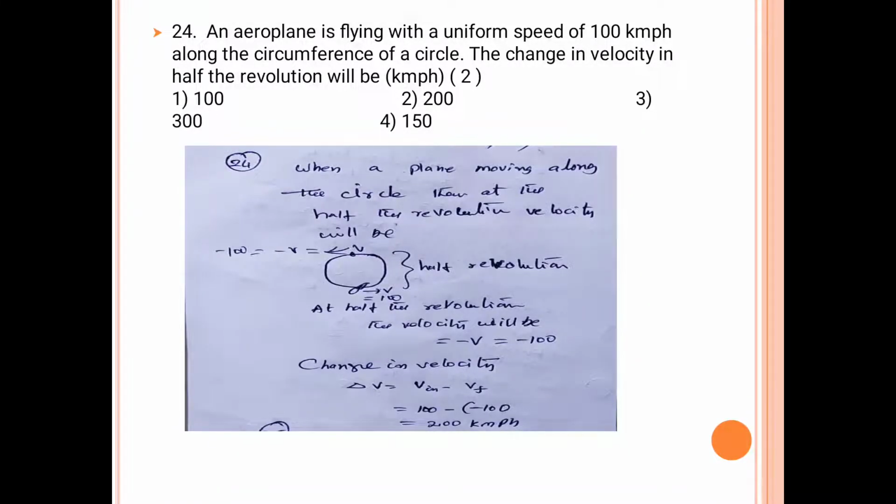That means as shown in the figure, at the initial point v is in one direction, and after half of the revolution, its velocity will be entirely in the opposite direction. That means if the initial velocity is 100, then the final velocity after the half revolution is minus 100.